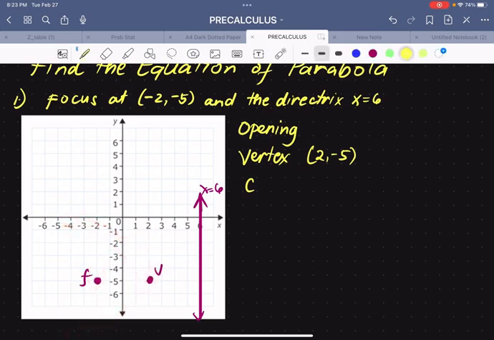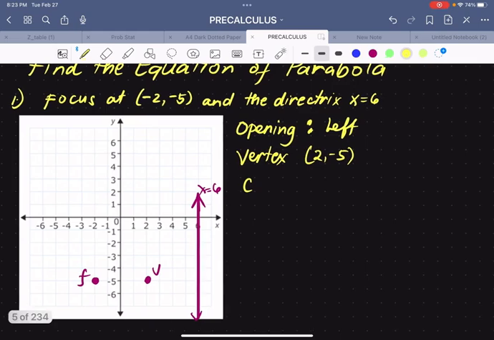Therefore, the parabola opens to the left. Since it opens to the left, we're going to use the formula (y minus k) quantity squared equals negative 4c times (x minus h).